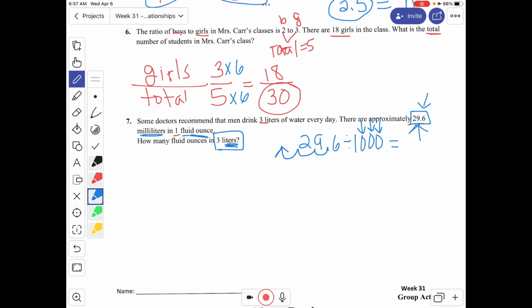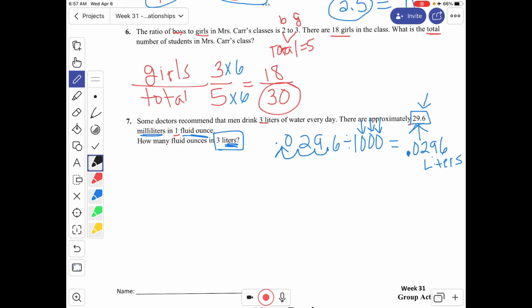We divide to the left, divide and move the decimal to the left. So I'm going to add a 0, and that makes it 0.0296 liters. Again, that's not my answer. I'm just getting ready to start.